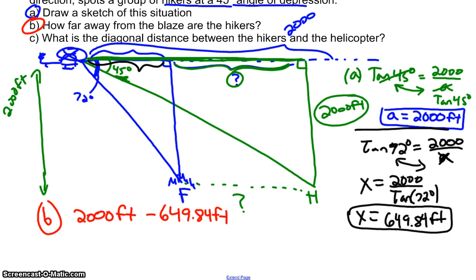So I'm going to put that into my calculator and find a value of 1,350.16 feet separate the hikers from the fire. So that's how I did B.